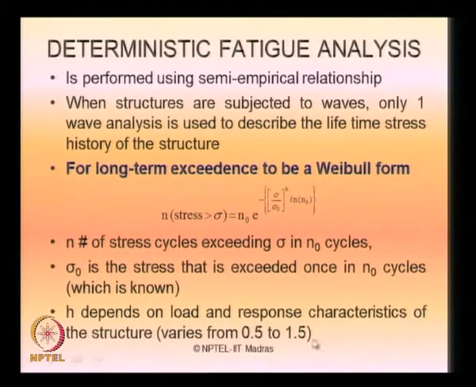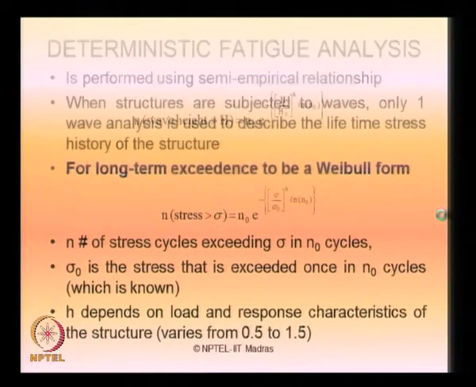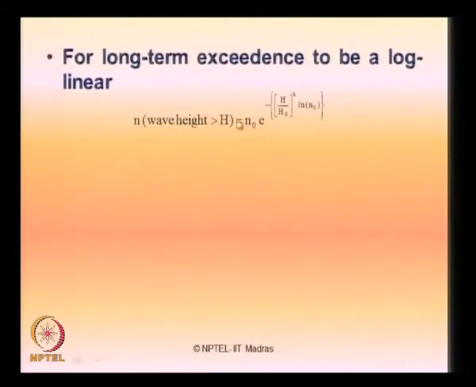Okay. So, this is an empirical relationship which is used when the long term exceedance of your stress range is of a Weibull distribution. If it is of a different form, let us say a log linear distribution, these are the two common types of distribution considered for long term exceedance in marine structures.